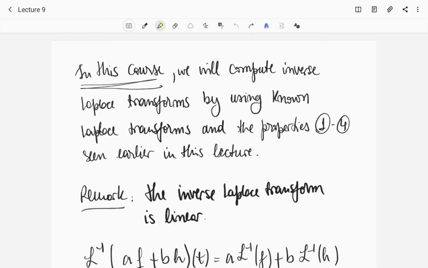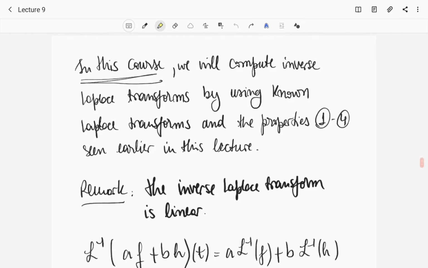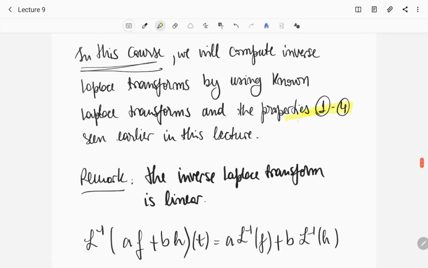How the Laplace transform acts on the derivative of a function was the second one. The third one was that the Laplace transform takes powers of t into derivatives of the Laplace transform. And the fourth one was that the exponential function goes into a shift. For more details, please check the notes of the second part.